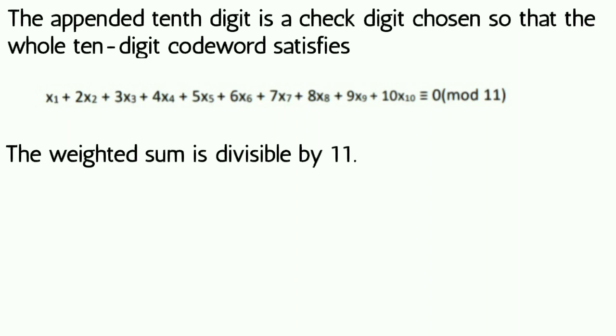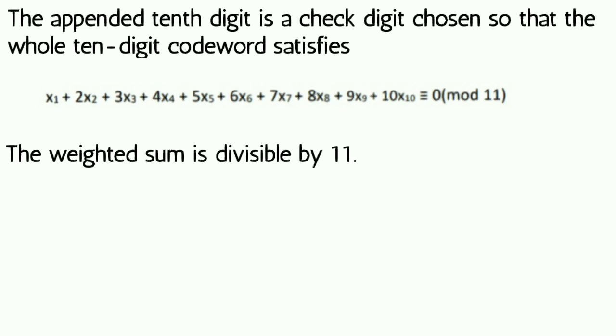Kung i-add natin yung x sub 1 hanggang 10x sub 10, dapat ang sum nila ay divisible by 11. If the sum is divisible by 11, that means the ISBN is valid.